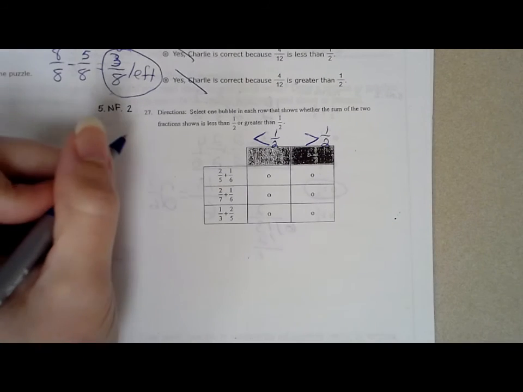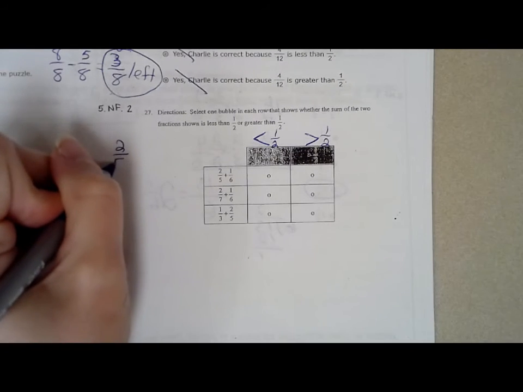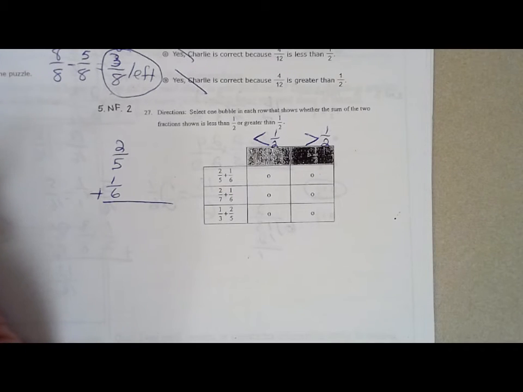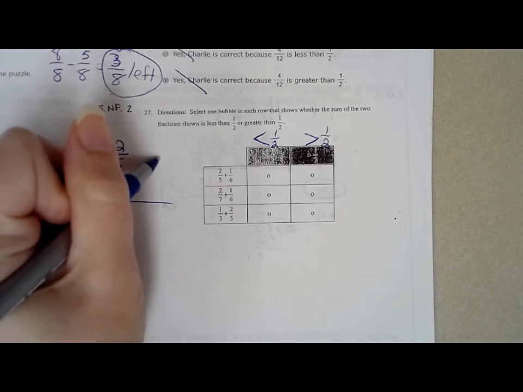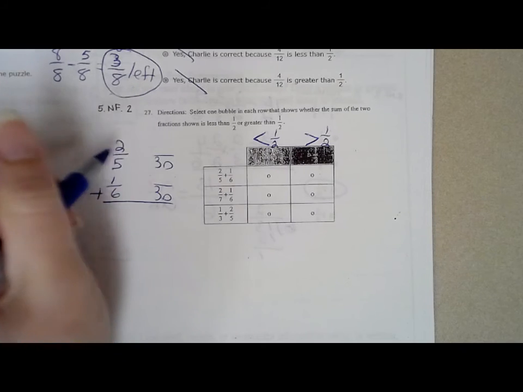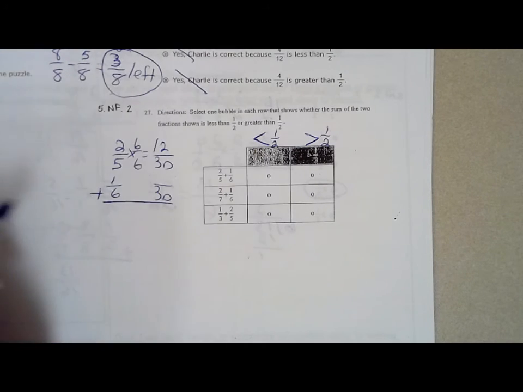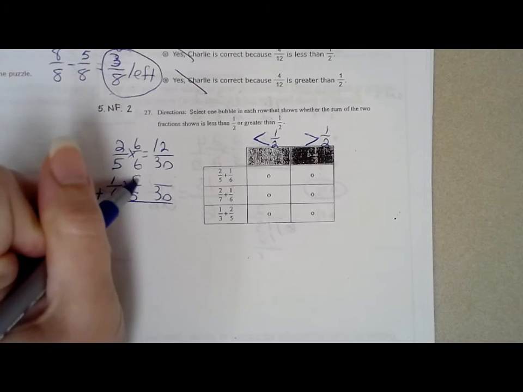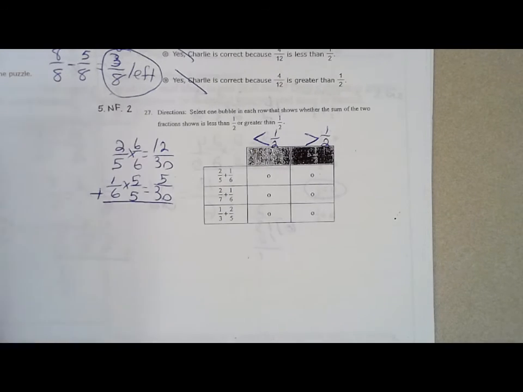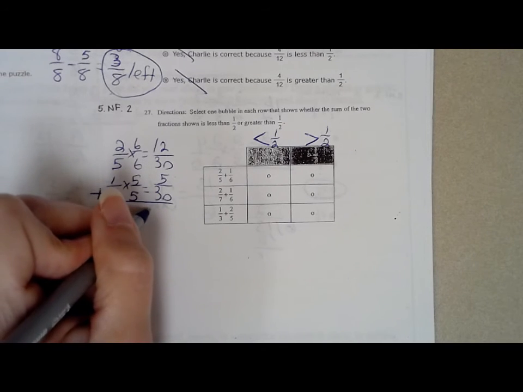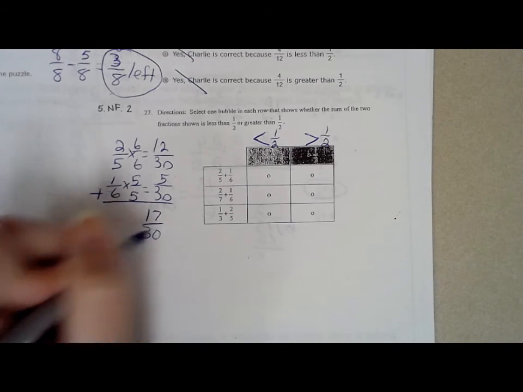First, we have 2/5 plus 1/6. We need a common denominator, which is going to be 30. We multiply this by 6/6 to get 12/30. We multiply this by 5/5 to get 5/30. And when we add them together, we get 17/30.